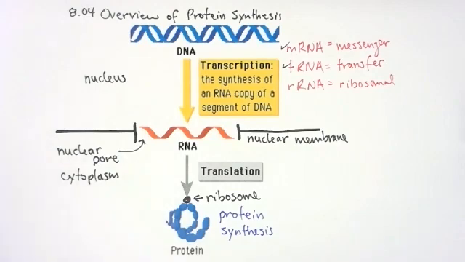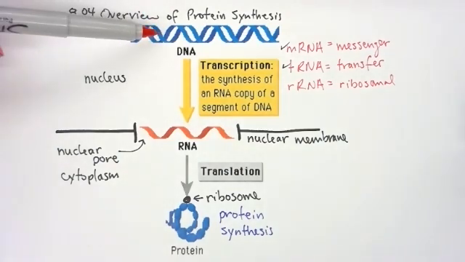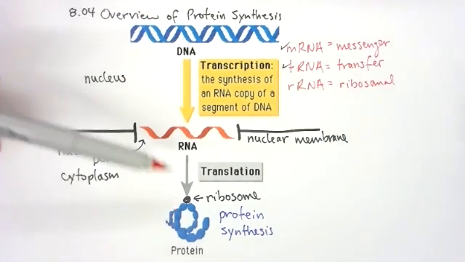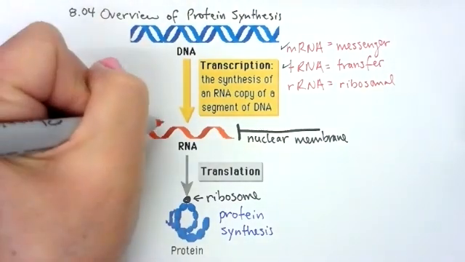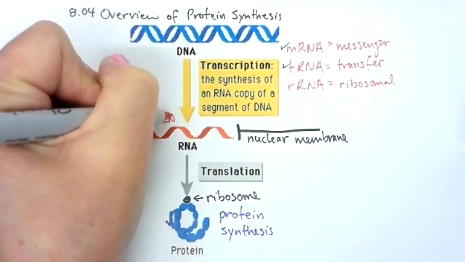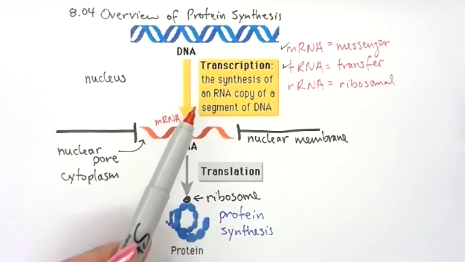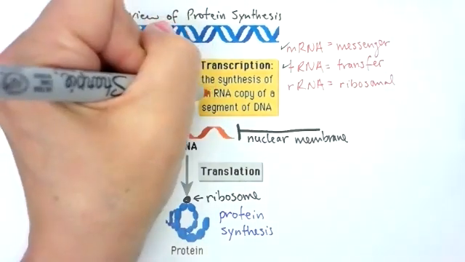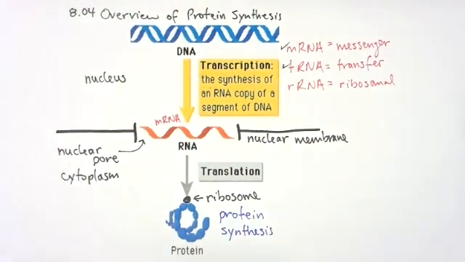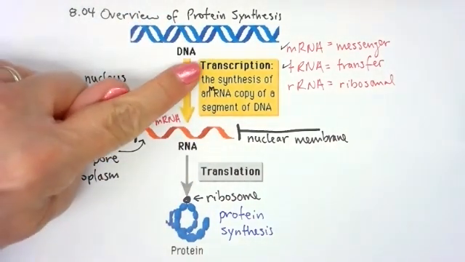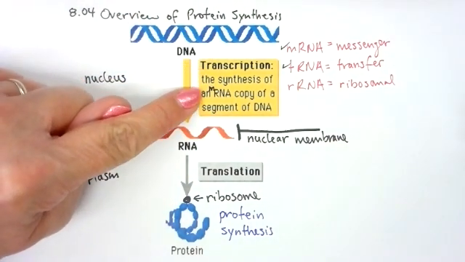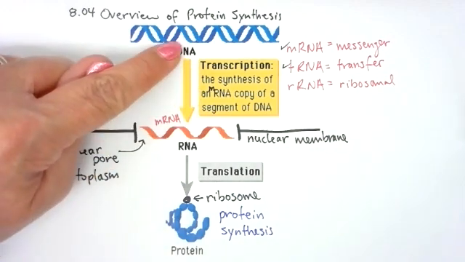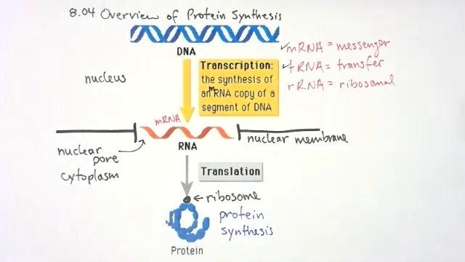And so to get this information from the gene out to the ribosome, we use, this would be a strand of mRNA. And I'm going to put mRNA over here next to this. We call this process transcription, where we synthesize an mRNA copy of a section of DNA and we send it out to the cytoplasm.